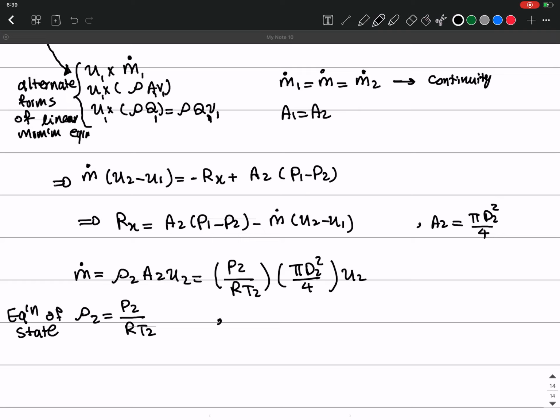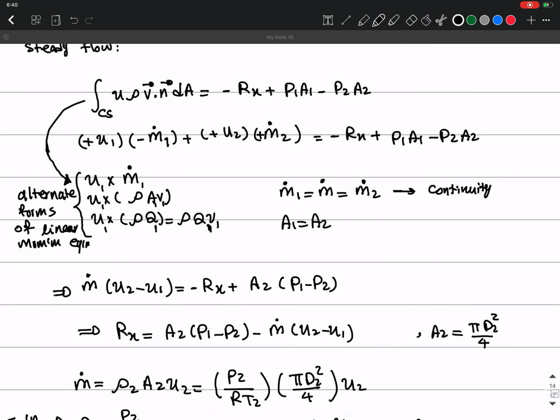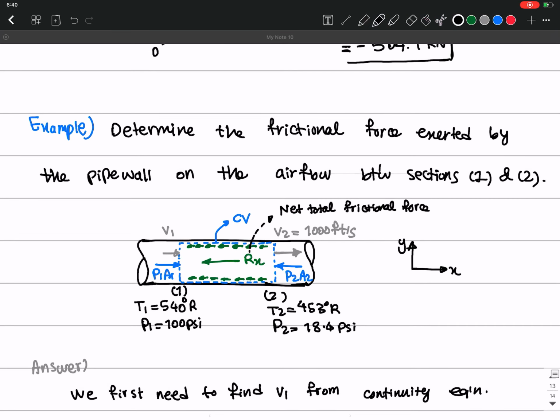So R, the gas constant, is 53.3 foot-pound, and so if you now put everything back into this problem, and D2, I think I had to write it down, but this is from the other problem, so this is just D1 equals to D2 equals to 4 inch.